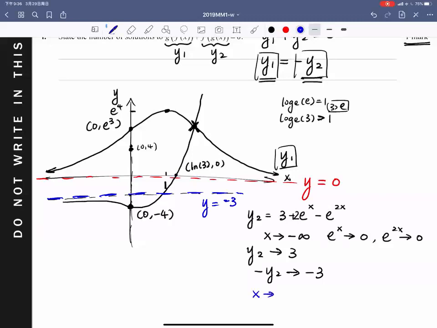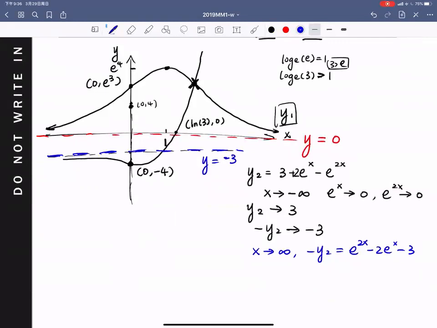If you want to investigate further, when x is approaching infinity, minus y2 equals e to the power of 2x minus 2e to the power of x minus 3. This one increases very fast compared with e to the power of x because of the squared term, which will definitely compensate the effect of the negative term, much greater than that one.